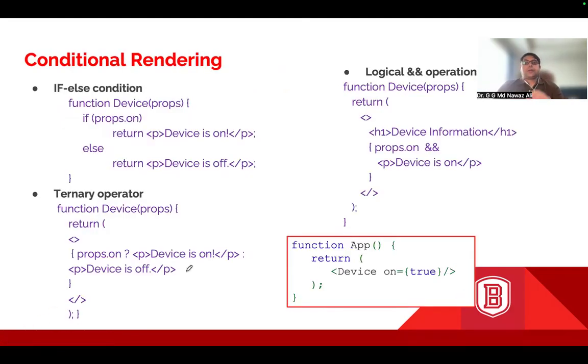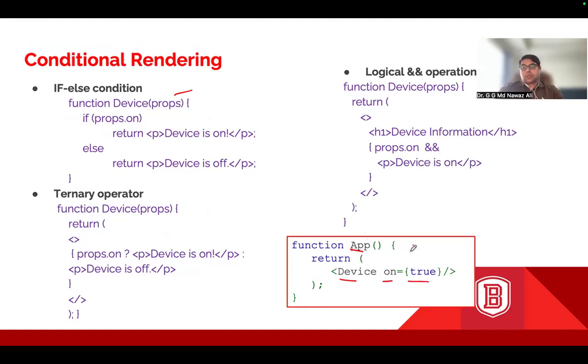So here we see that in conditional rendering we may have an if else condition. Let's say we have the app, and the app is calling the device component and passing this attribute, and the value is true.